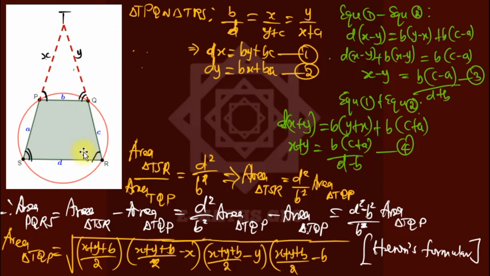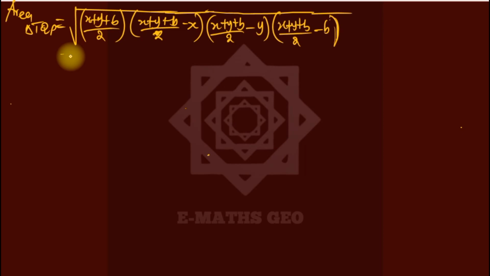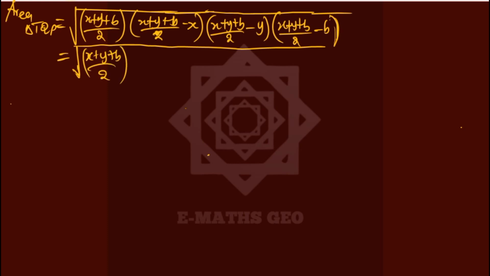Let's move to another page. Okay, we can write all so that they have the same denominator. The first one is x plus y plus b over 2, while the second one is x plus y plus b minus 2x over 2.